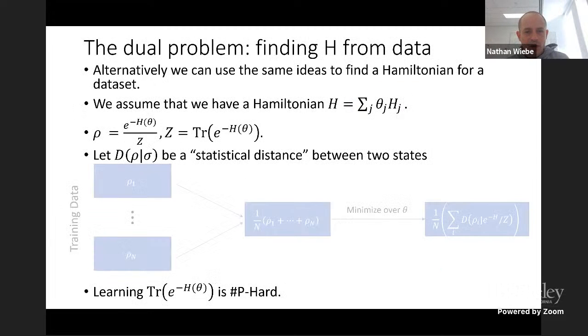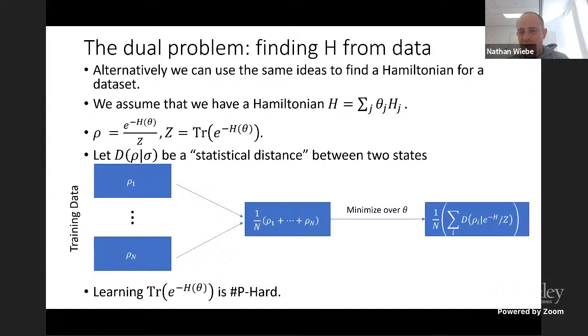And so this boils down to a question: well, can we do this? A way that we can do this is to try to find a Hamiltonian for the data using the previous methods that we took a look at. So by doing the Gibbs state optimization, but in reverse, where we take the derivative of the Hamiltonian parameters to try to match some training data, we can find a thermal state that does a pretty good job of representing the training data that comes into it.